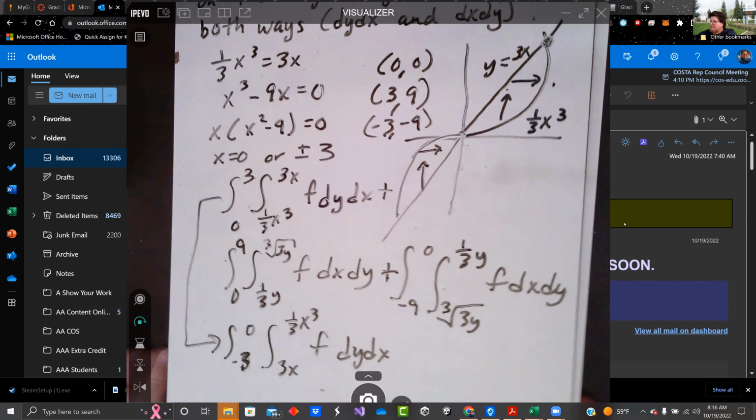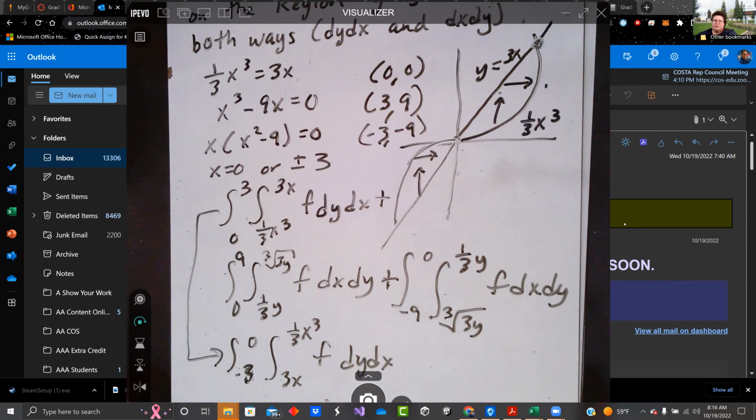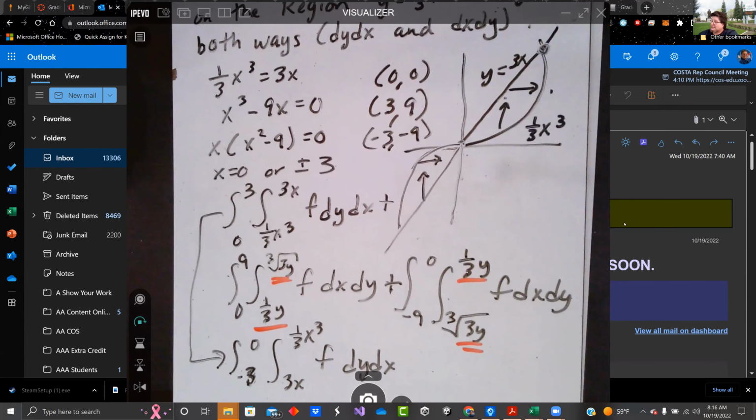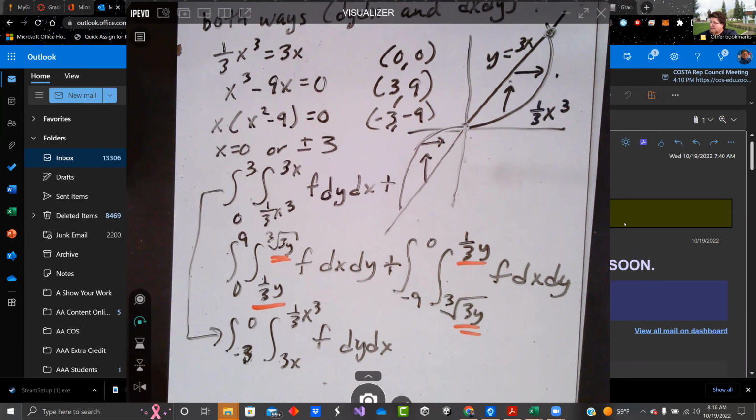So a lot of times they'll restrict it to x greater than 0 and y greater than 0. But if they didn't, you've got to be aware they changed. This is up here for that one, and this one's down here for that one. Same thing on the other one.